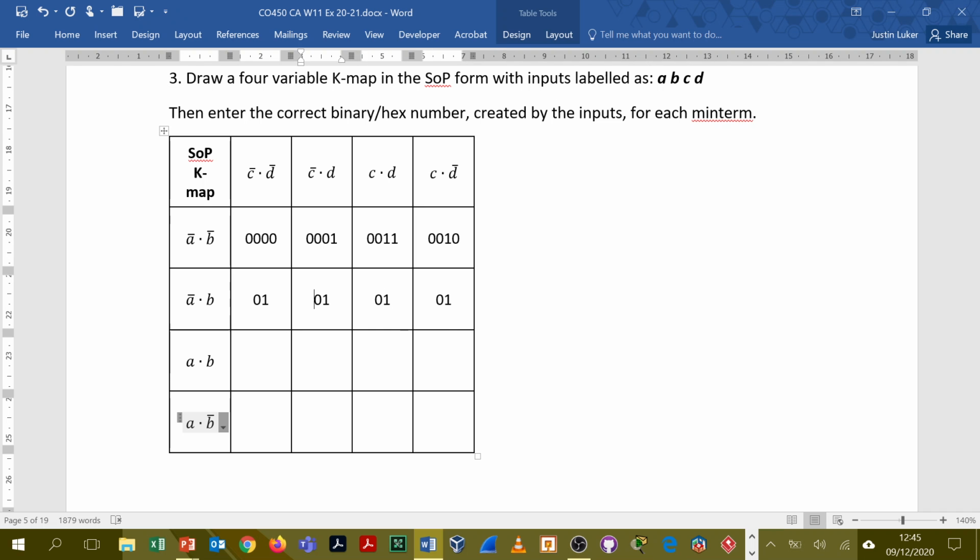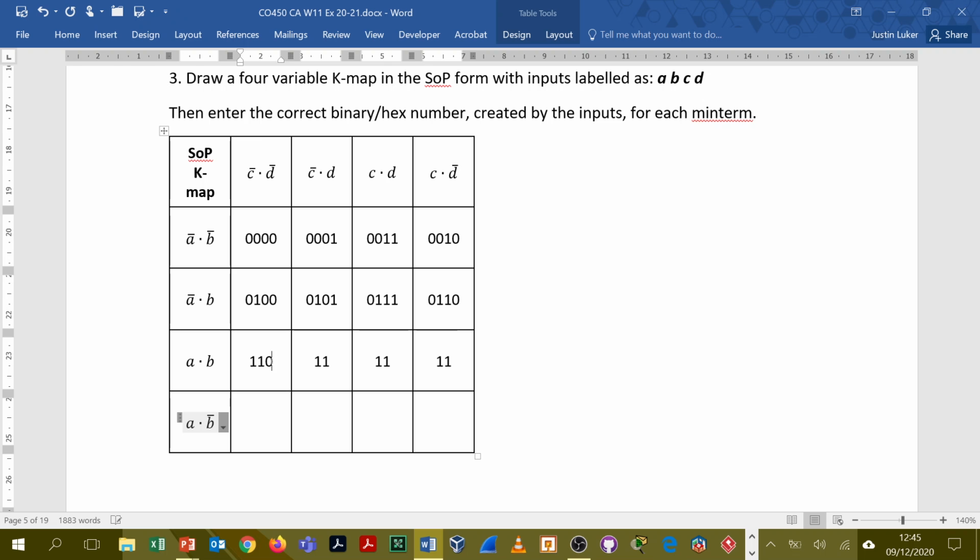And then looking at the columns, again we've got C, not C, they're going to be 0, 0. And that's going to be 0, 1. That's going to be 1, 1. And that's 1, 0. And then here we have A and B, so that's 1, 1 in the row.